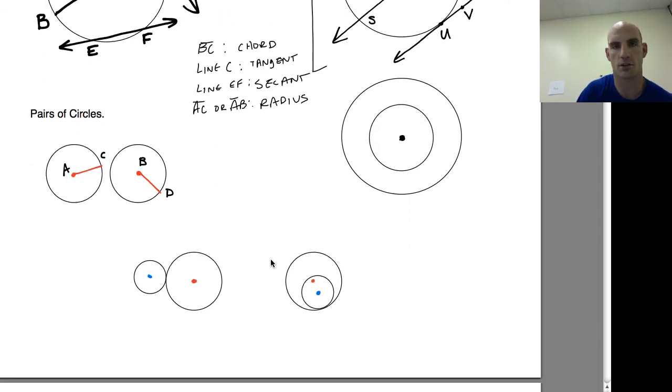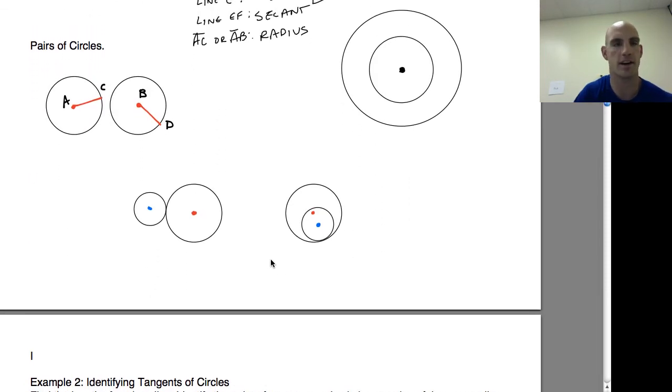Let's talk about pairs of circles for a minute. Pairs of circles can be related in several different ways. And these first two, I'm going to say that AC, and this is a segment, is congruent to BD.